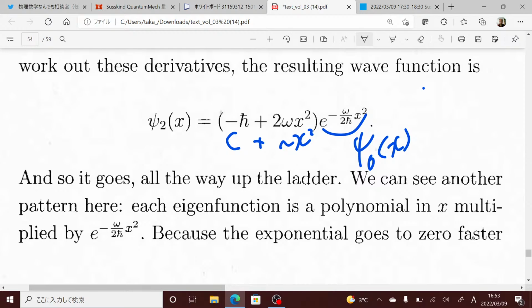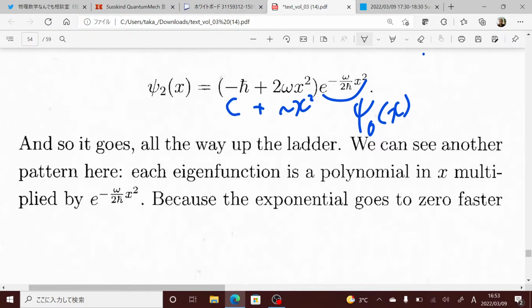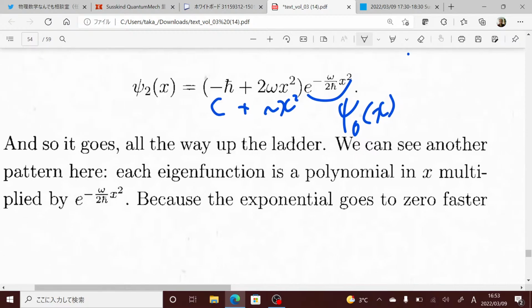We can see another pattern here. Each eigenfunction is a polynomial in x multiplied by a Gaussian function.